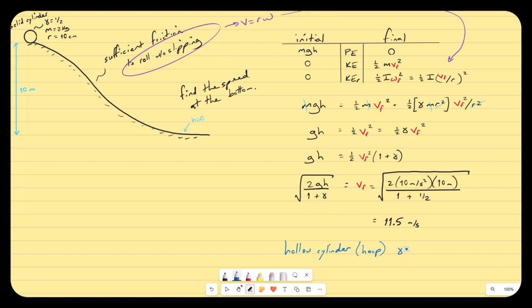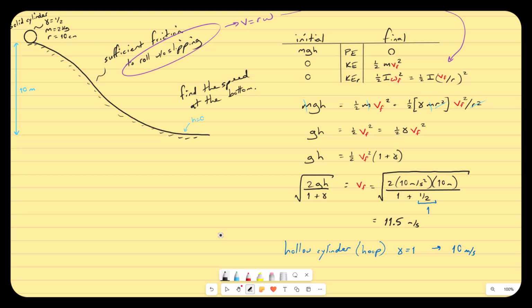I just need gamma to now be 1. When I do that, I'm replacing this 1/2 with a 1, and now I get 2 times 10 times 10, that's 200, over 2 is 100, the square root of that is 10, so now I'm going to get 10 meters per second. The problem's not any different. I don't have to refigure anything out. I just have to plug in a different gamma.